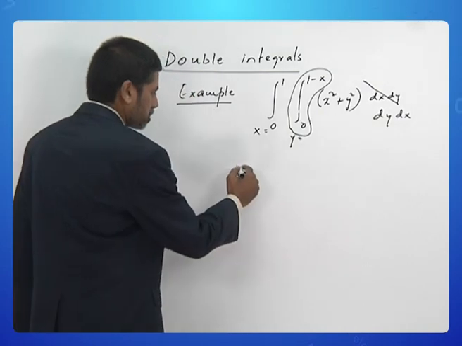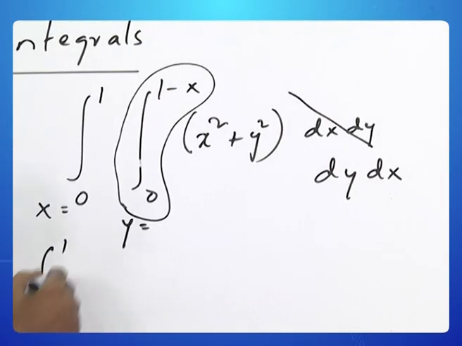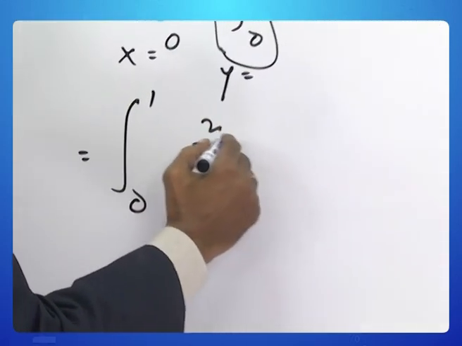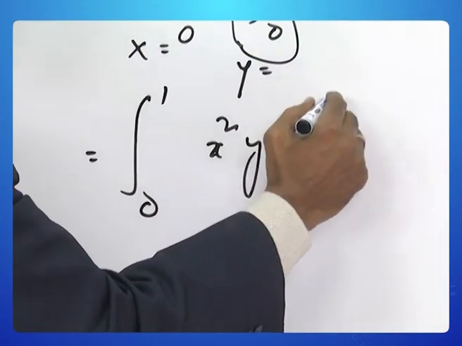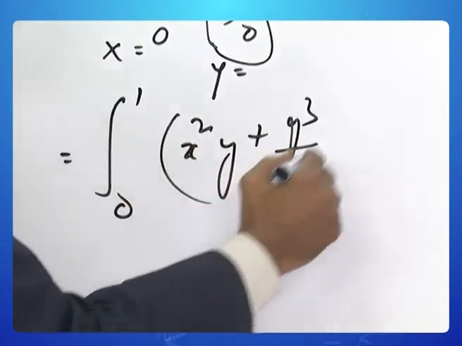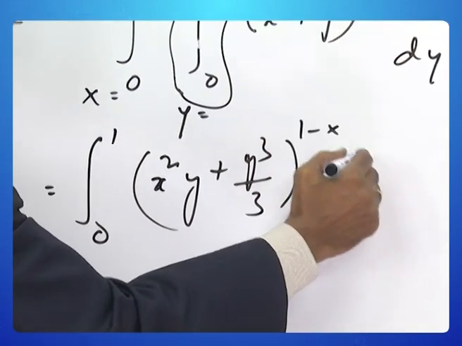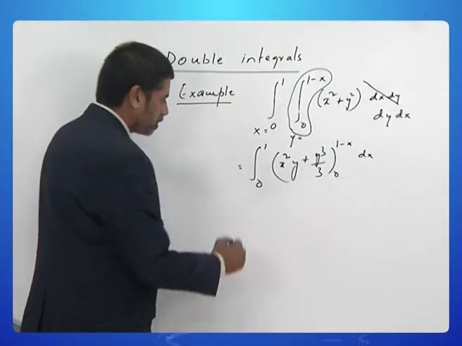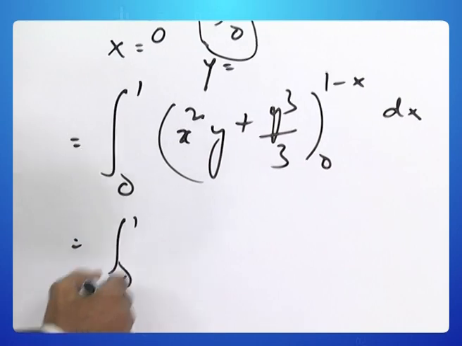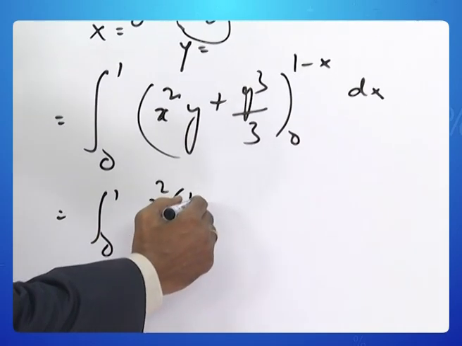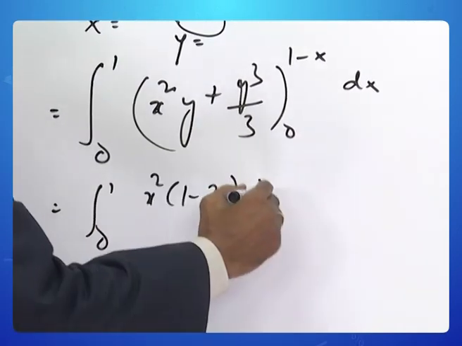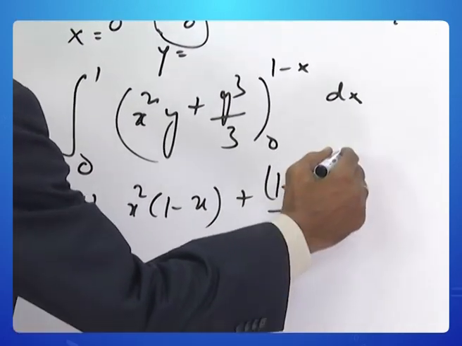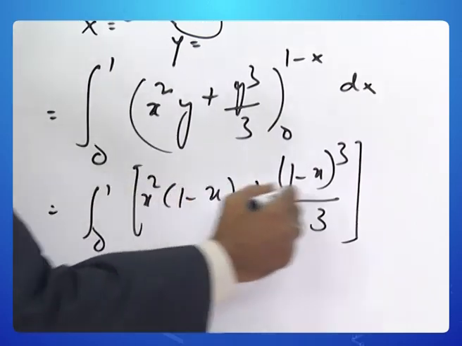So let's evaluate this. 0 to 1, first integration with respect to y, x squared y plus y cubed by 3 from 0 to 1 minus x dx. So let's apply the limits. 0 to 1, x squared into 1 minus x plus 1 minus x whole cube by 3 dx.